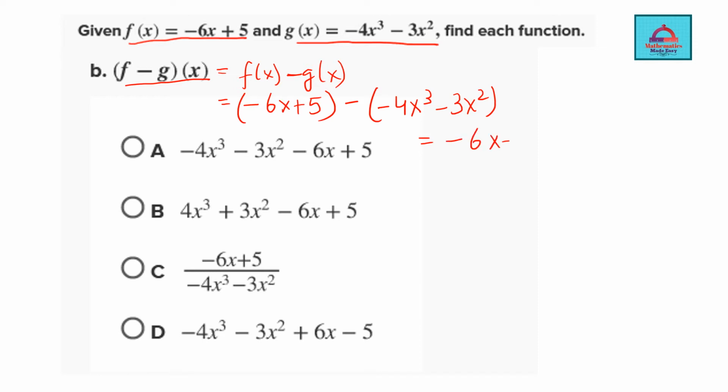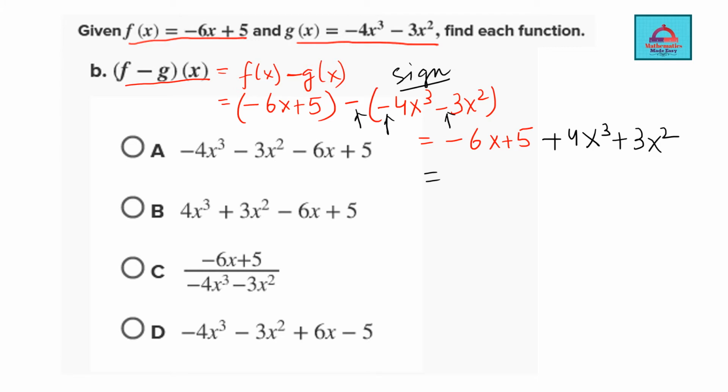So negative 6x plus 5 will be as it is, there is no change to it. But this negative sign outside the second function is going to change the sign of these 2 terms. The signs were negative and negative, so they will become positive and positive. So when it is subtraction, you have to be careful of the sign and change the sign.